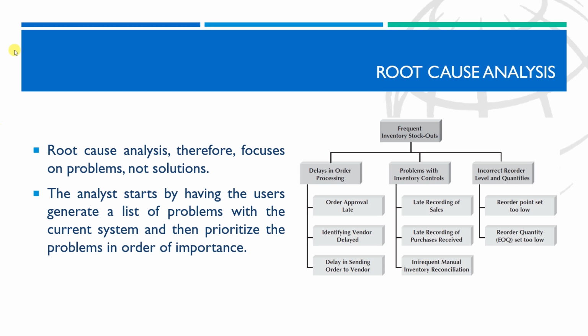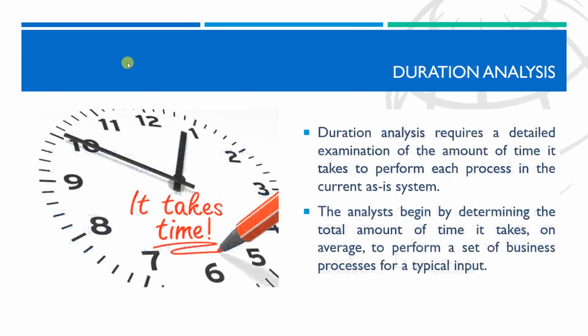Then another technique, another procedure, is duration analysis. Duration analysis requires a detailed examination of the amount of time it takes to perform each process in the current as-is system.